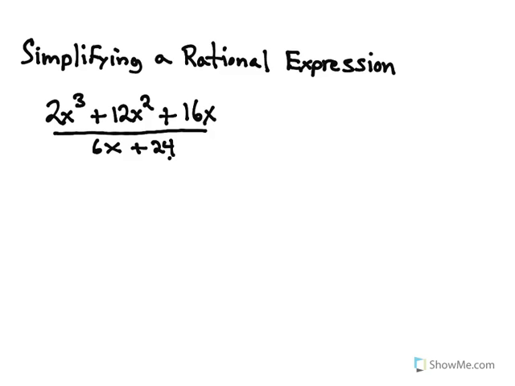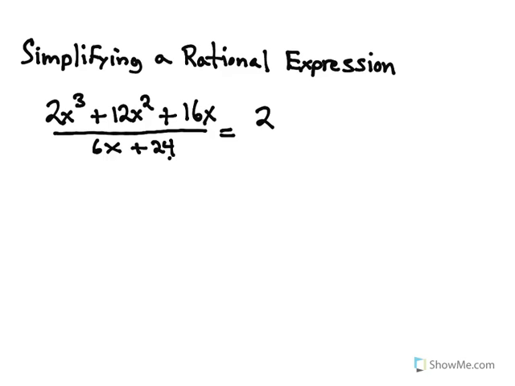So as we do that, the greatest common factor for 2, 12, and 16 would be 2. That would be the biggest number that will divide evenly into 2, 12, and 16. Therefore, we can take out a 2.